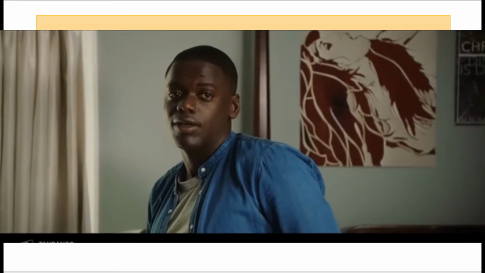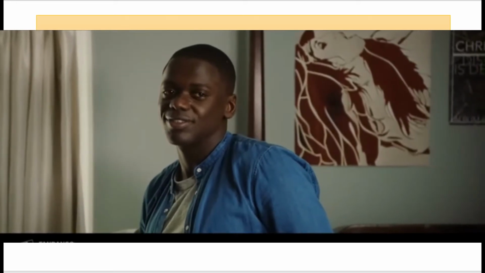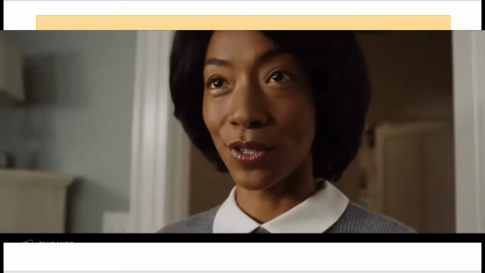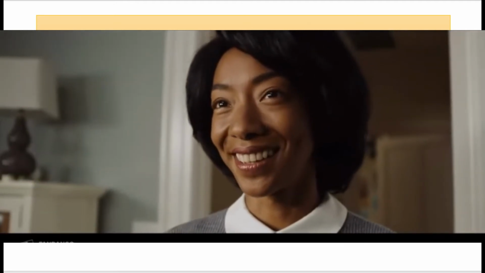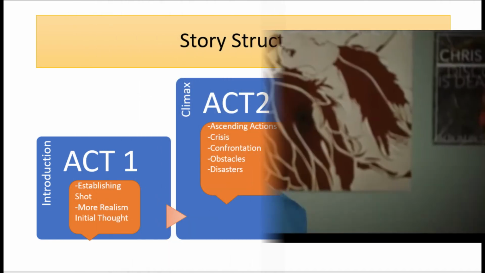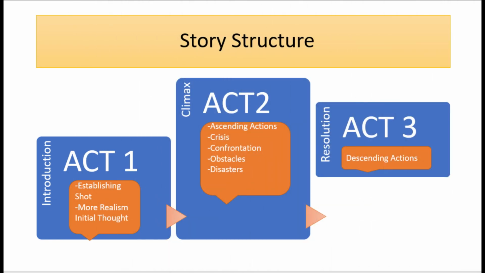For example, when the servant is looking at him with an uncanny and to some degree even scary facial expression. At this point, we realize that there's something wrong, and we are going to be prepared that there is going to be a conflict between these two characters, for example. The next part of Get Out is just the actions, Act 2.